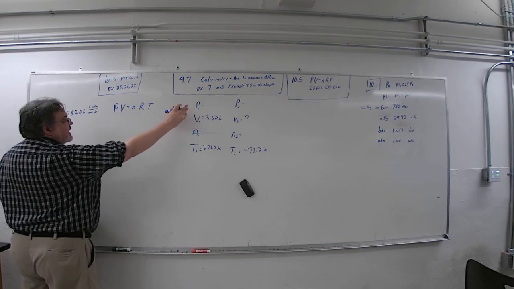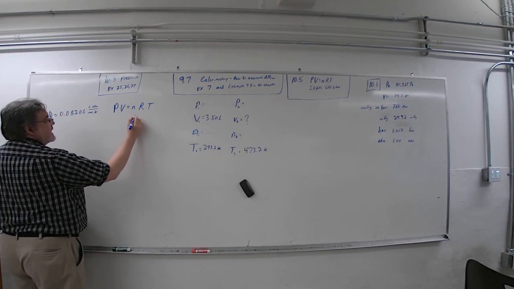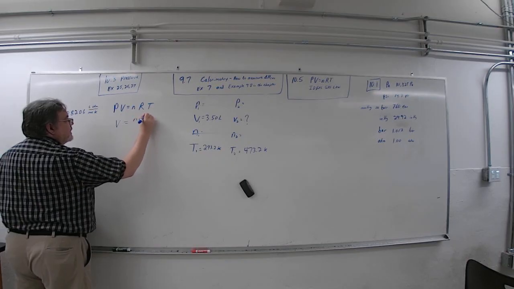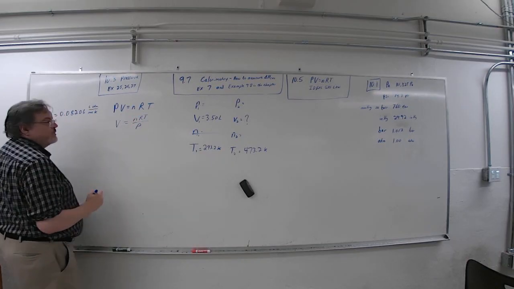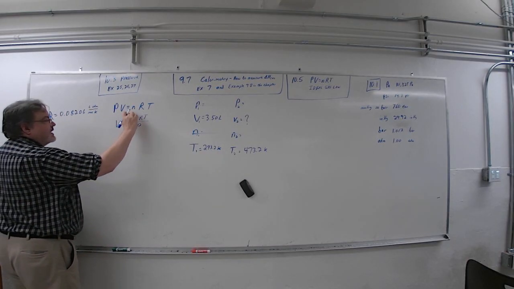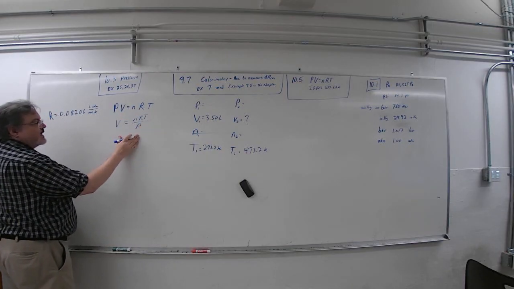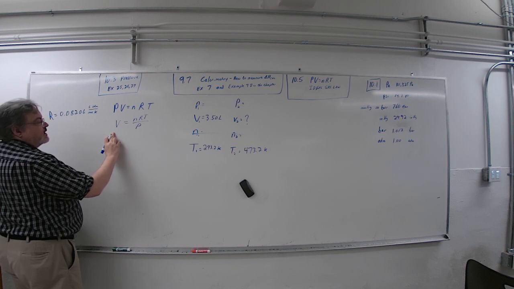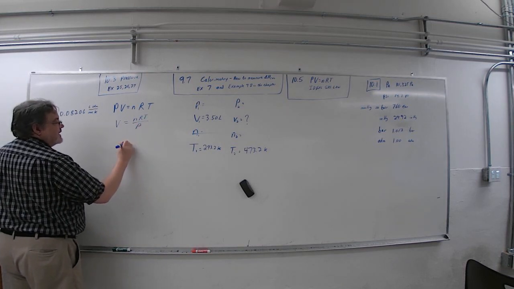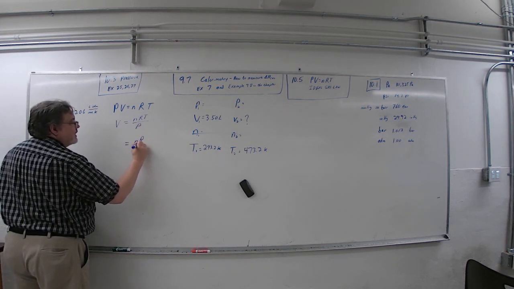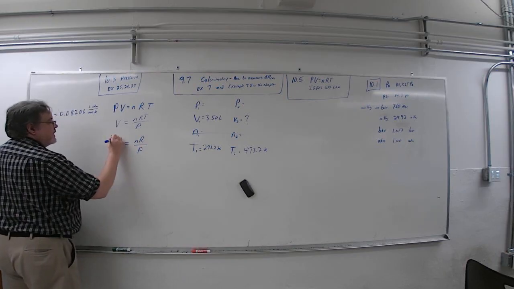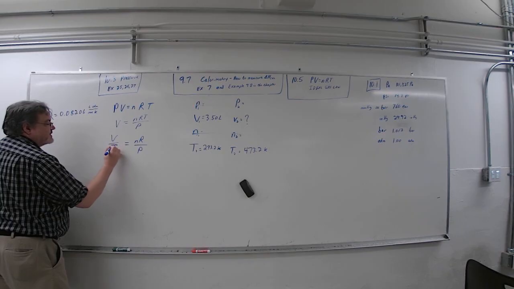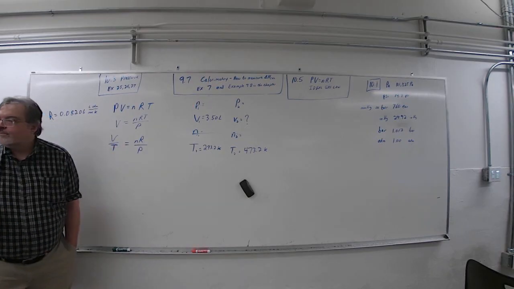We want pressure on the right because it's not changing, so I divide both sides by P, and I get that. We need volume over here, and we also need temperature over here, so I'm going to divide both sides by T. You with me?